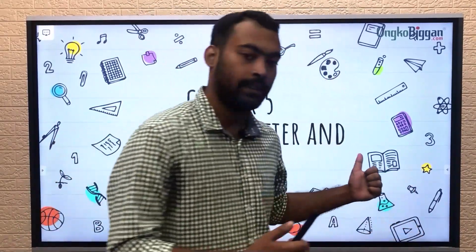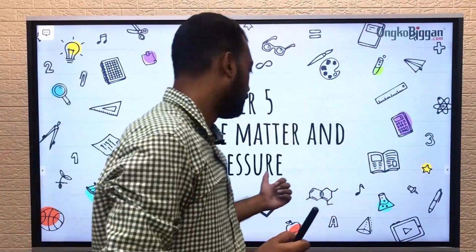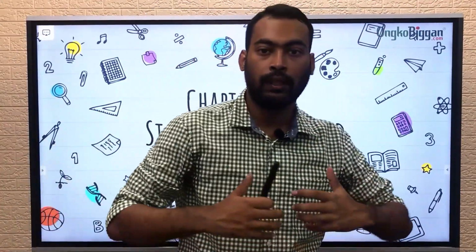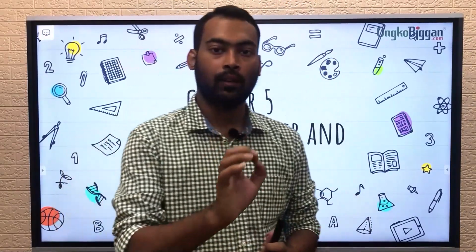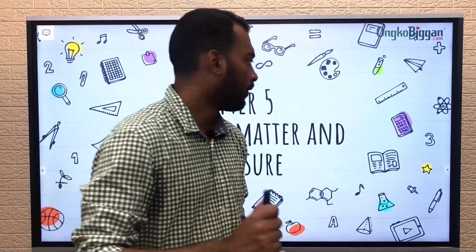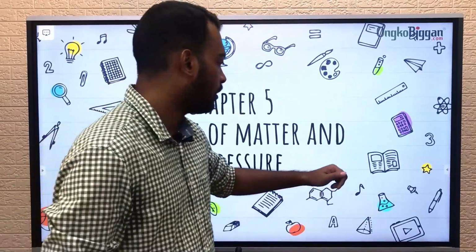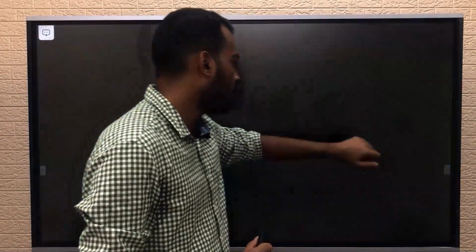On those states, how does pressure have an effect differently? We are going to see all of those, learn a few laws given by famous scientists, and do problems according to that. So having said that, let's start our new chapter number 5.